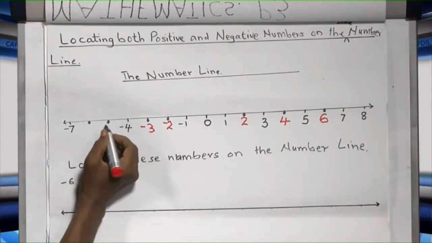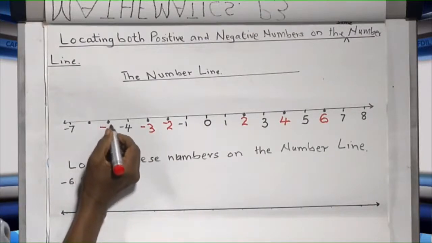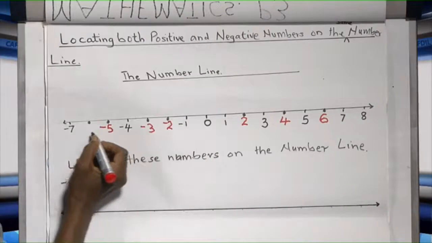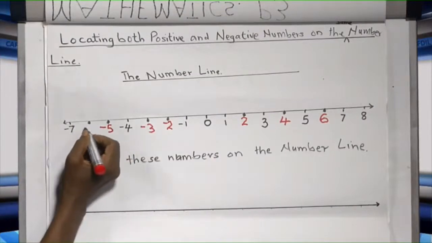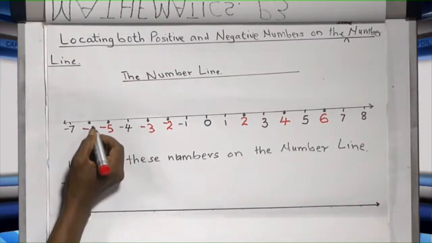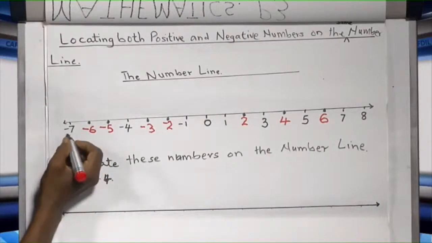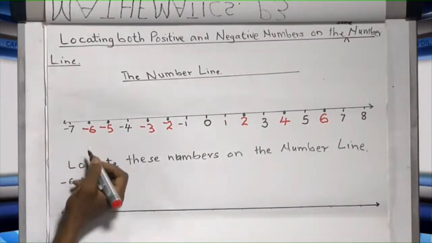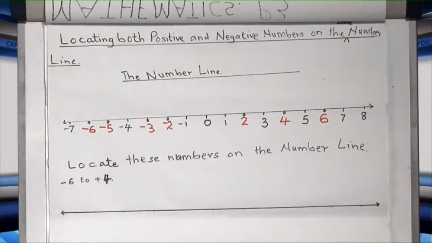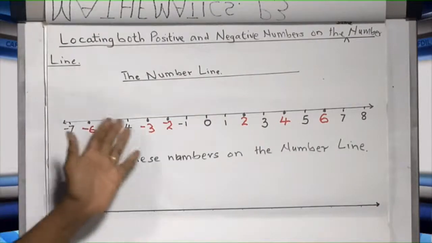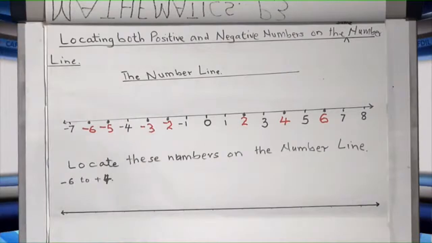Then what will be here? Negative 5. The next one, negative 6. And the next one, negative 7. You see, this is the number line containing both positive and negative values.